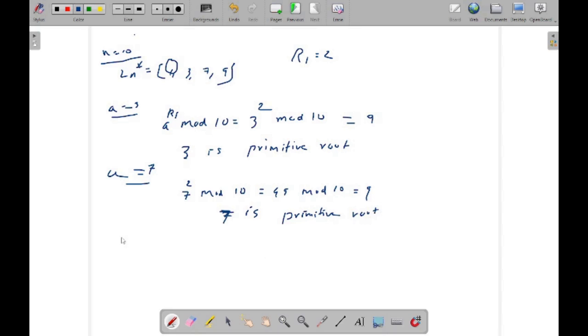Then take the next element, a equal to 9. Calculate 9 raised to 2 mod 10, which is equal to 81 mod 10, which is equal to 1. So 9 is not a primitive root.